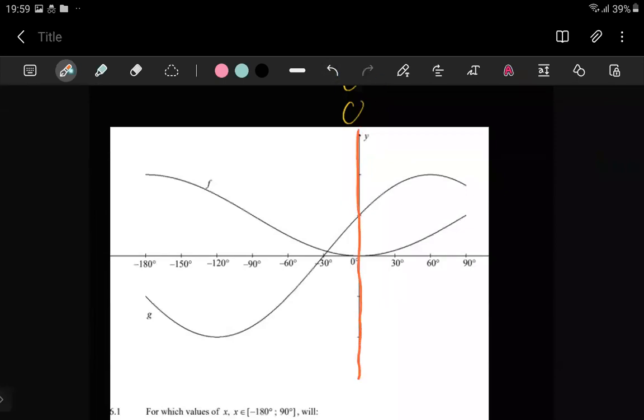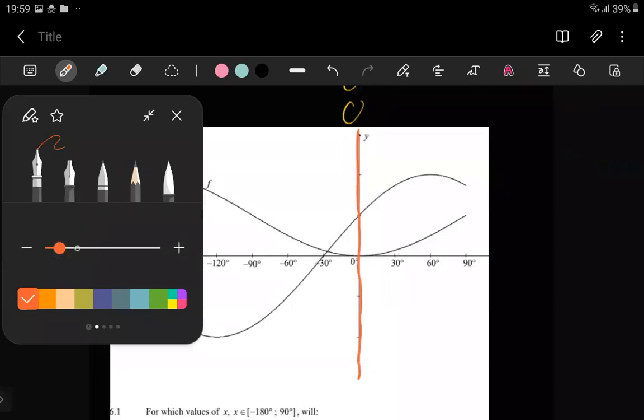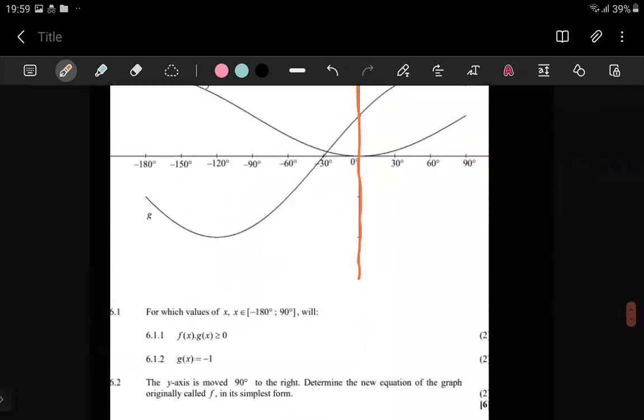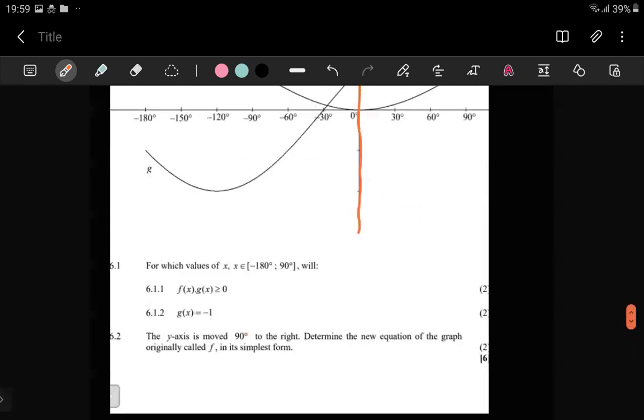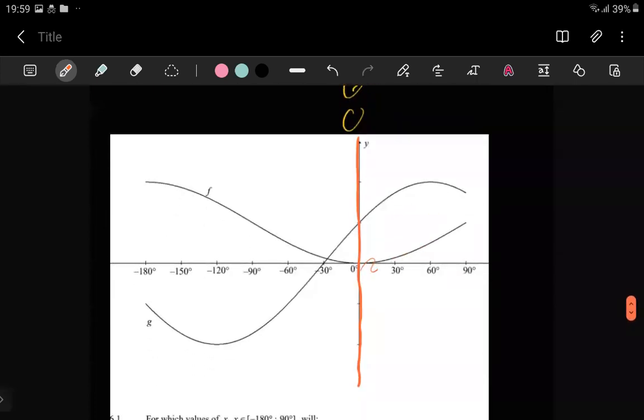So this y-axis is moved 90 degrees to the right. If it's moved 90 to the right, you have to be conscious now.